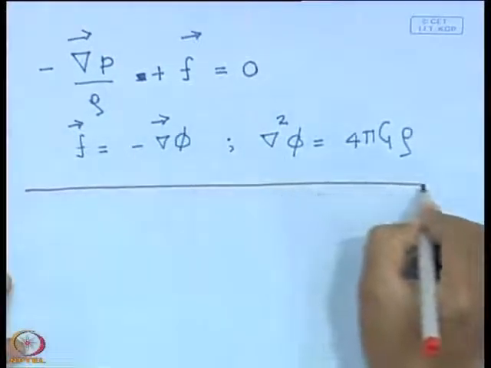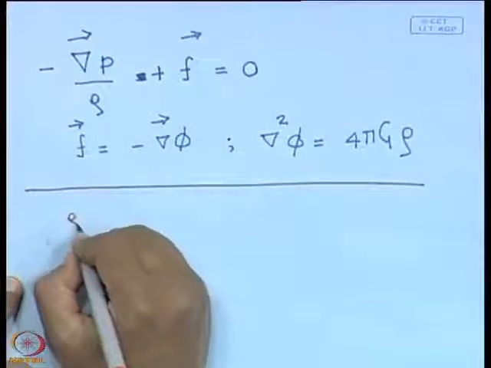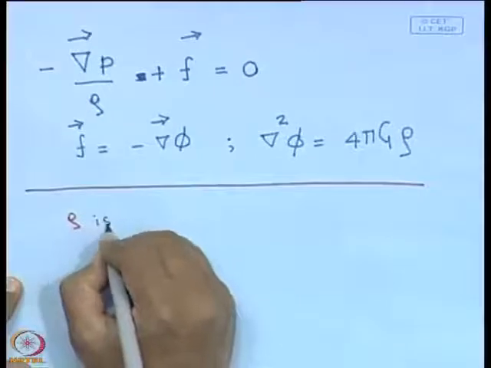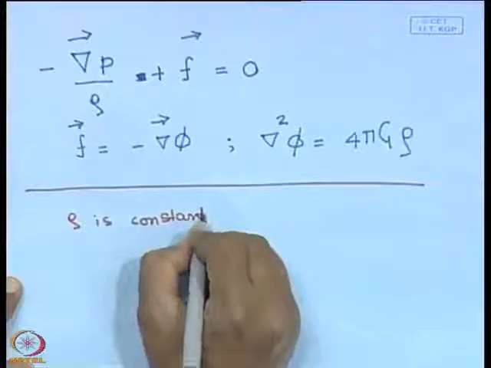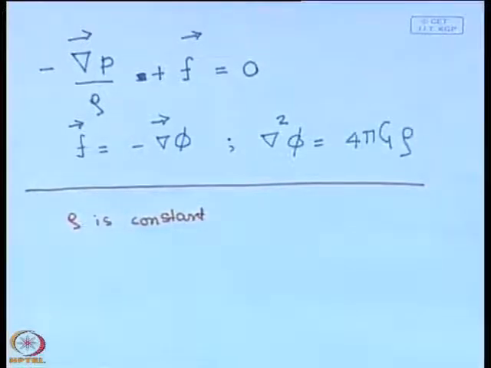So we are going to make the simplifying assumption that rho is constant. So let us estimate the mean density of the sun, and we will assume that this value is there throughout. It's a rather simplifying assumption, but we can make some progress with this.